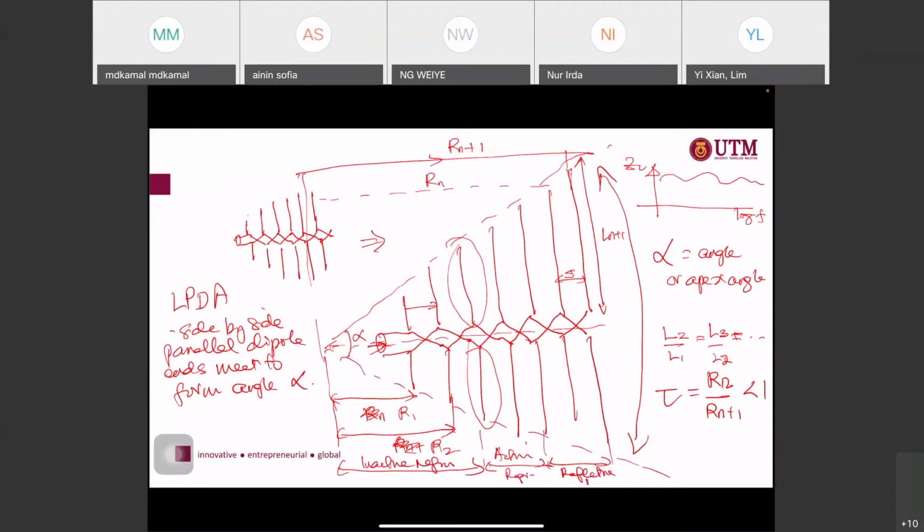So in a log periodic antenna, we have 3 different regions that we need to define throughout this log periodic dipole antenna. What can we say about these 3 regions?